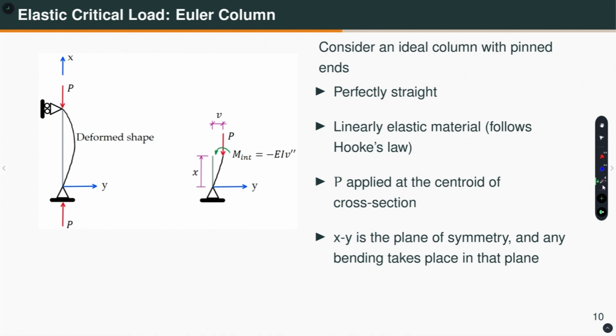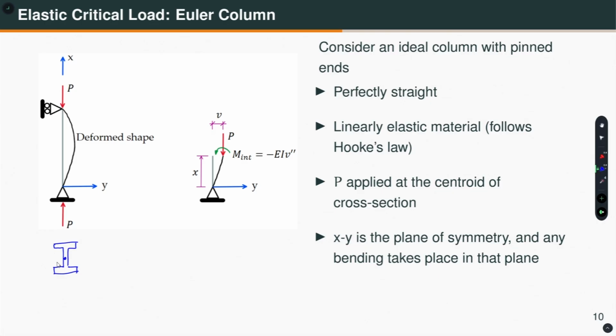Let us say I can draw the cross section something like this. So, this is the cross section, I am applying the load at the centroid, or it could be the other way around, it could be rotated.